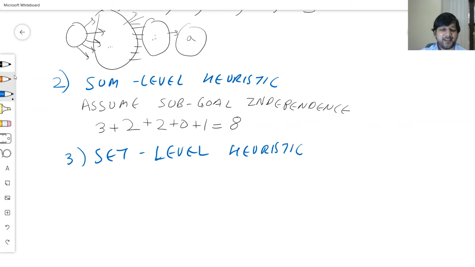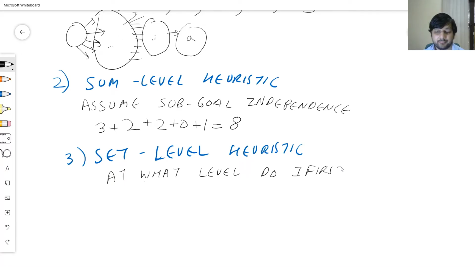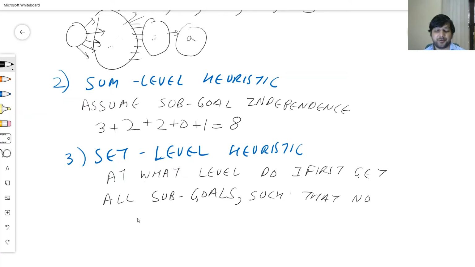The set level heuristic says: at what level do I first get all subgoals? That is the max level heuristic. At what level do I get all the subgoals? That is the max level heuristic. So I add a constraint such that no 2 subgoals are mutex to each other.